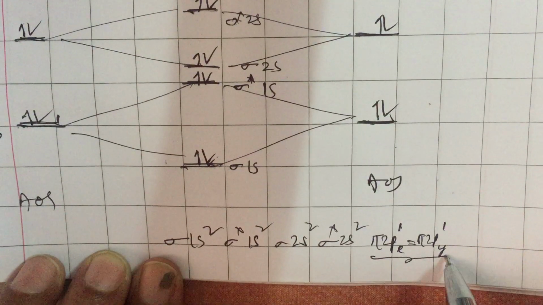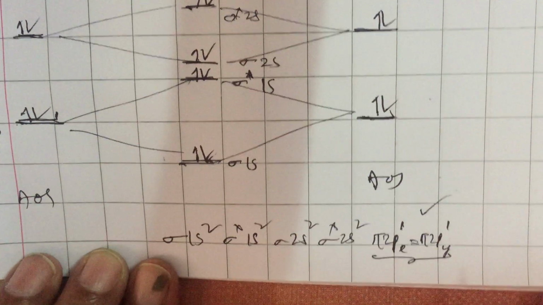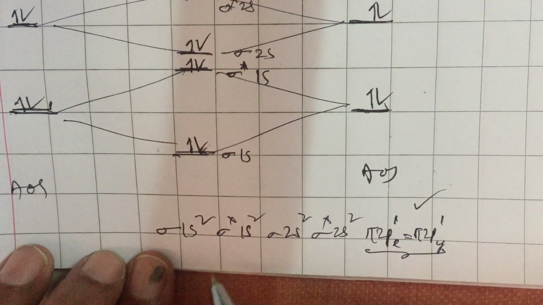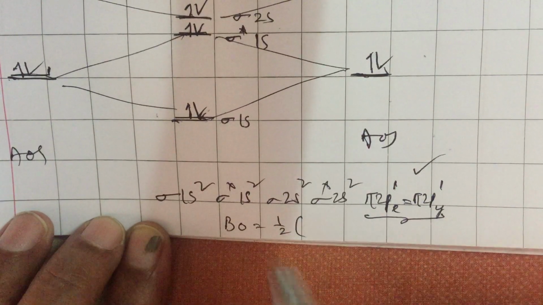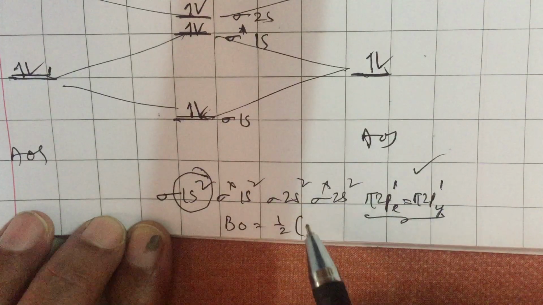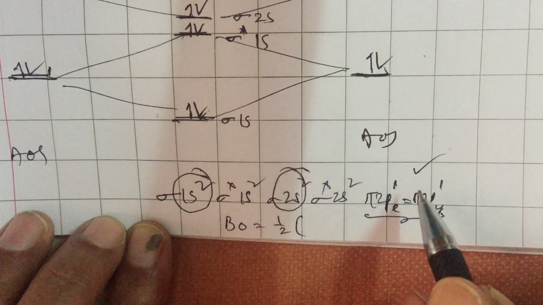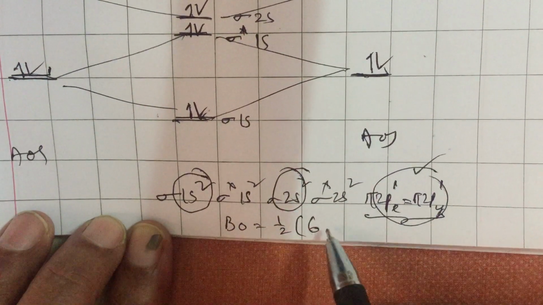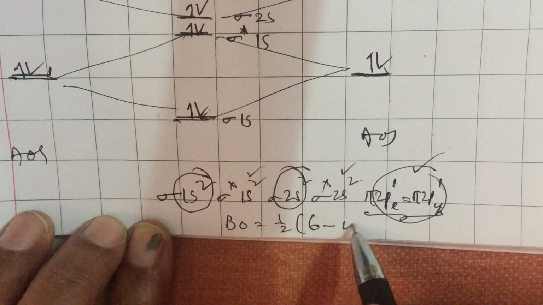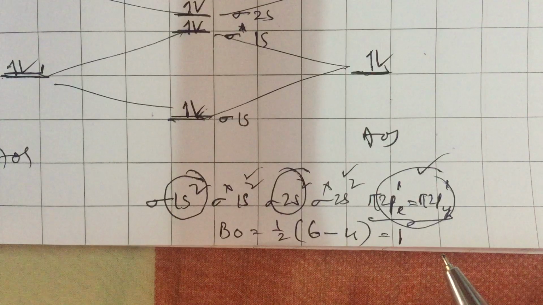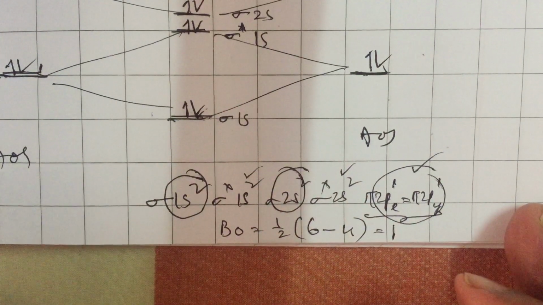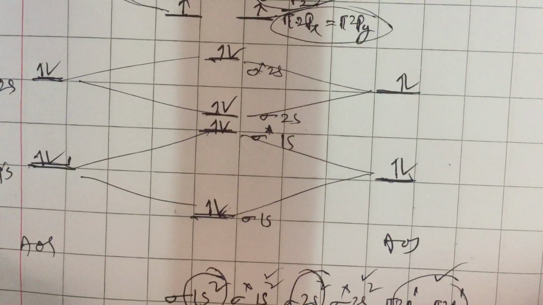Because it has two unpaired electrons, this molecule is paramagnetic and its bond order is obviously equal to half into the number of electrons in bonding, 6, minus 4. Bond order is 1. Therefore, the B2 molecule can exist, with bond order 1 and 2 unpaired electrons.